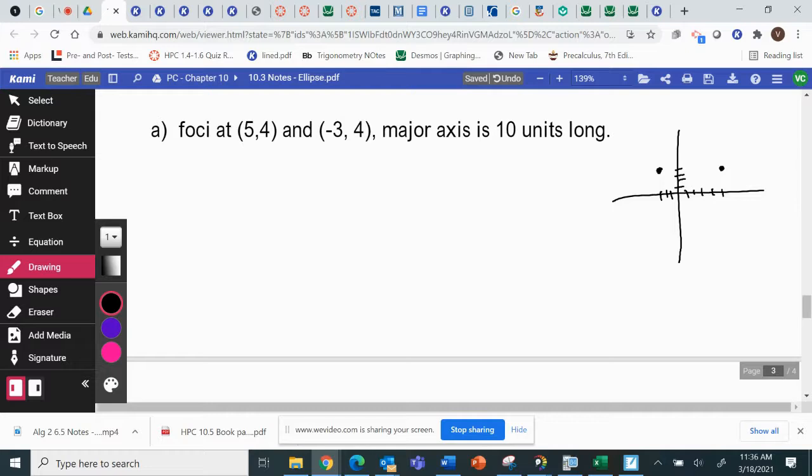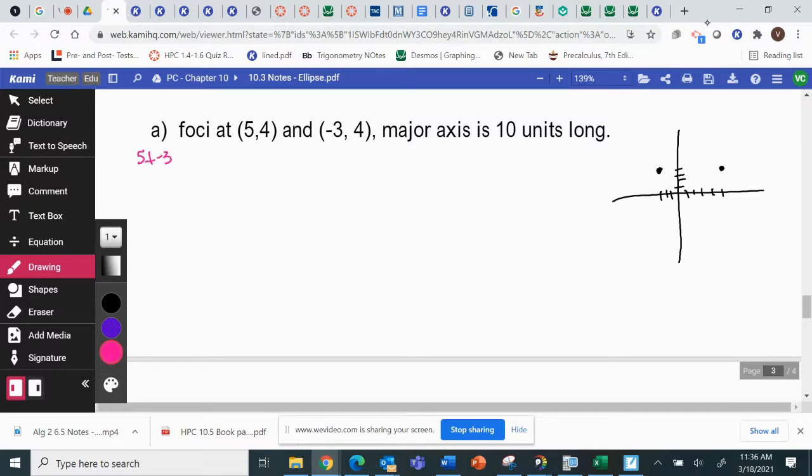What do I need to find to write the equation of the center? Will these foci help me find the center? Yeah. Where is the center with these foci? The middle, the midpoint. Average them, figure out the middle. If you graphed them, you could count and figure out the middle, but I'll just do it mathematically.